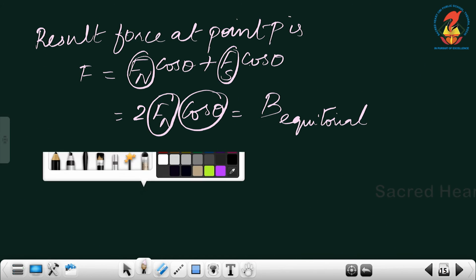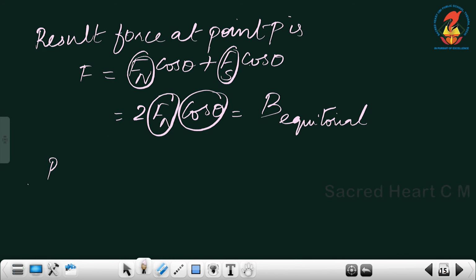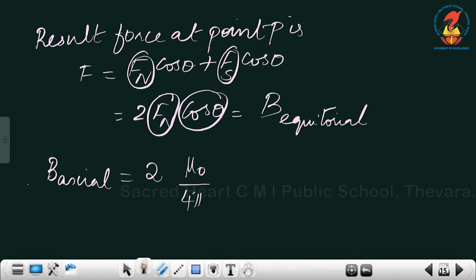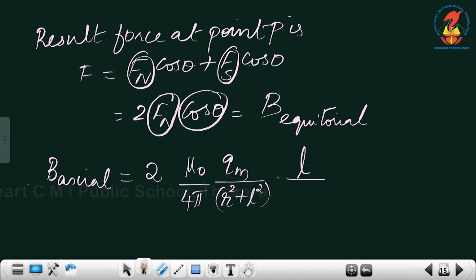Therefore, we get B equatorial is equal to 2 into the value of Fn, mu 0 by 4 pi Qm divided by R square plus L square, into the value of cos theta, L divided by R square plus L square the whole raised to 1 by 2.